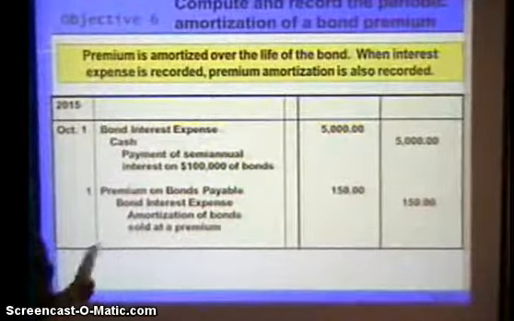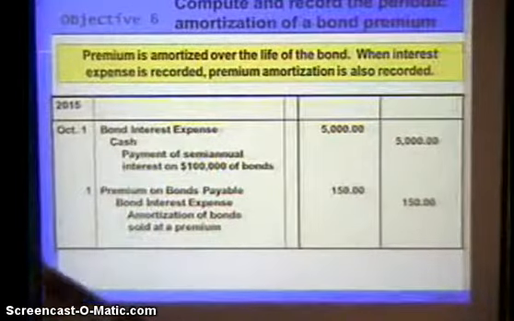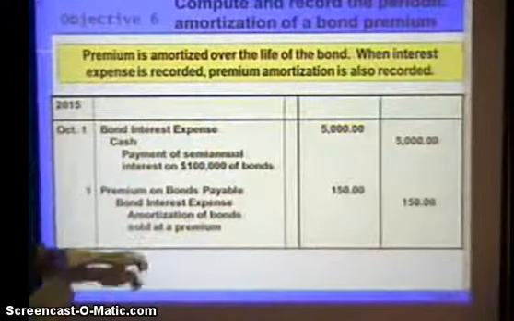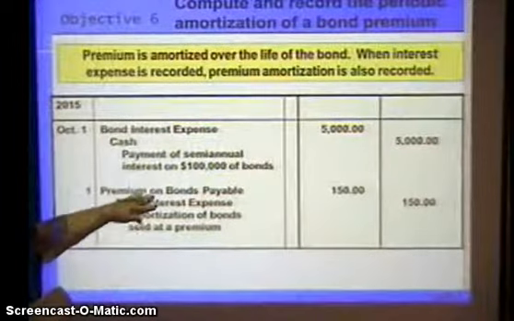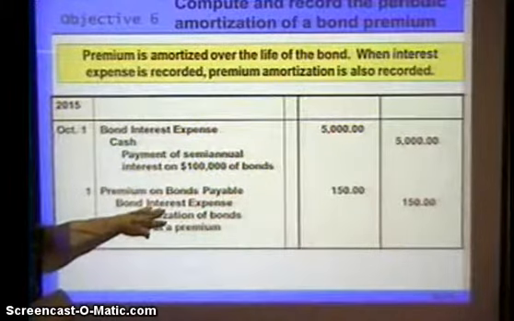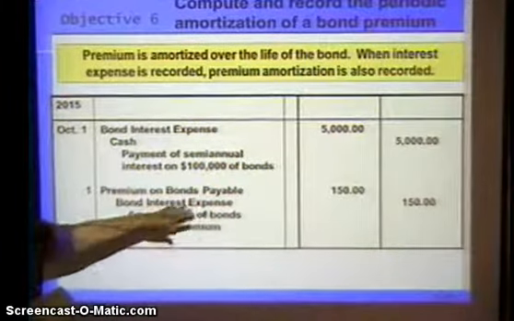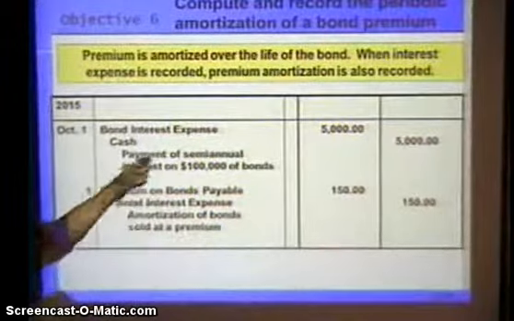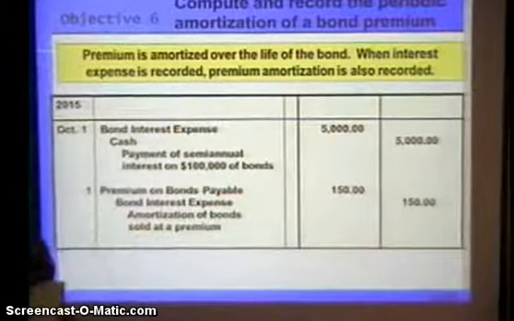So you're just amortizing it. In other words, it gets reduced also, and it gets allocated to a bond interest expense. And it's going into an interest expense account showing that it went out. $150 went out. It's going to be in a bond interest expense account, which is going to start accumulating a credit balance so that at the end, it zeroes itself out.